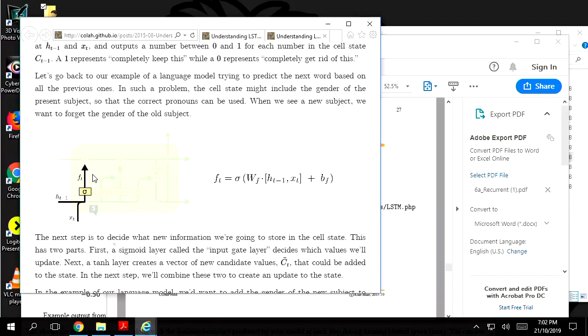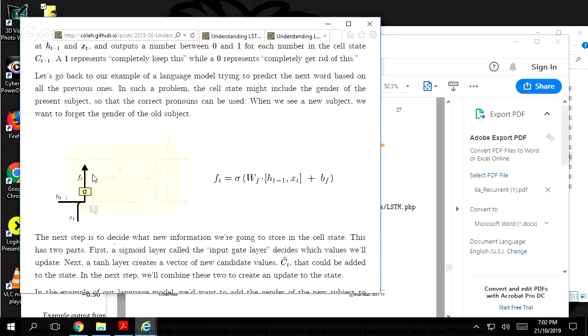So let's say for context unit 1, sigma is equal to 1. Well, that means this gets multiplied by 1, so it gets remembered completely. If for context unit 2, sigma is 0, this gets multiplied by 0, so that means the value of that unit gets forgotten.